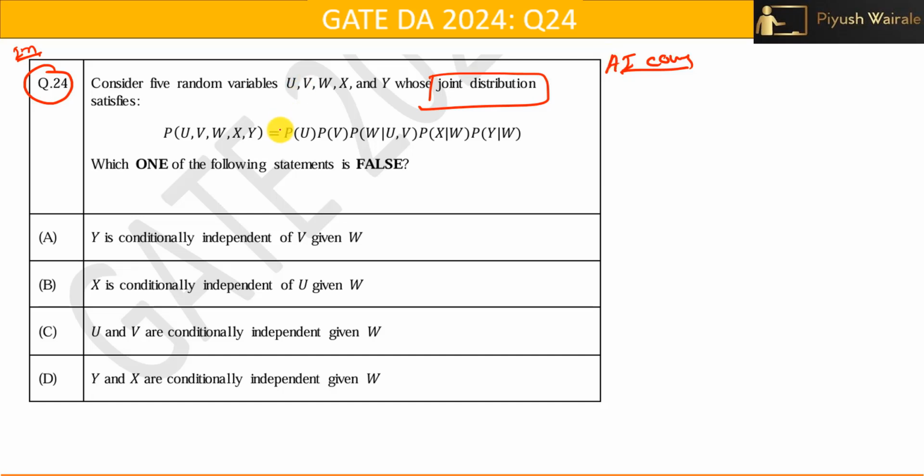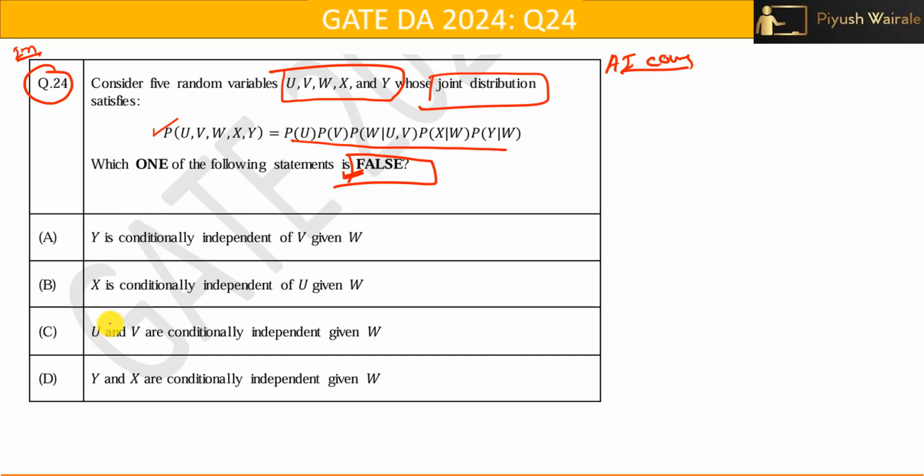So what is the question given to us? Consider 5 random variables whose joint distribution satisfies this particular thing. I have 5 variables and their joint distribution is given like this. Then we have to find out which one of the following statements is false. During the GATE exam, please focus on this type of thing, because many students make a mistake here.